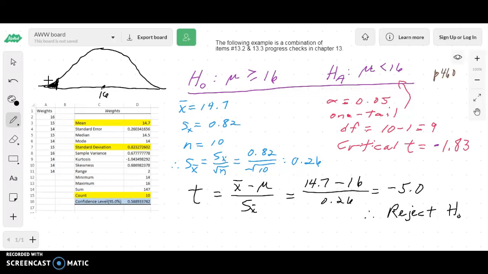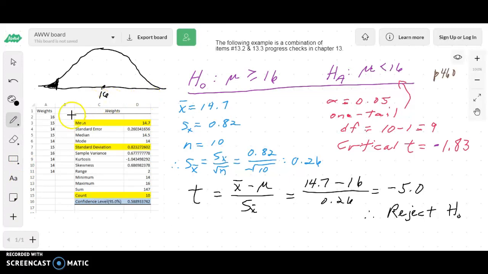But how do we do that? First thing we need to do is find the mean and the sample standard deviation. I went through and did it in Excel, and I recommend you take a look at the screencast that shows how to do this.